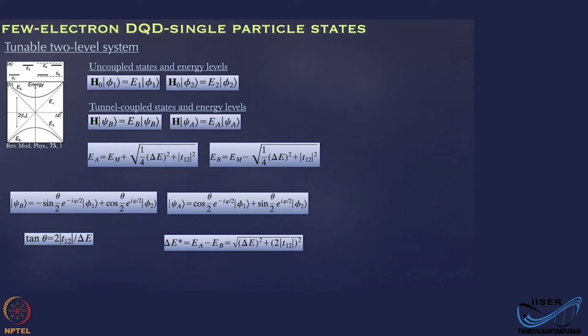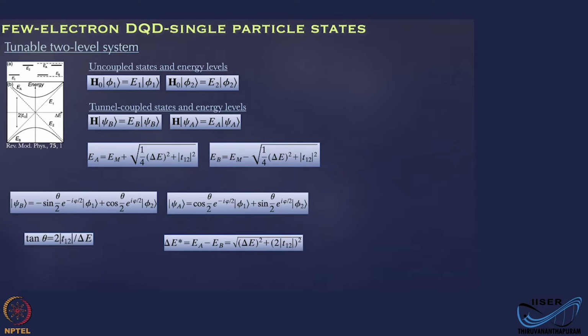So you know that the single quantum dots in the few-electron regime are artificial atoms. So when you take two atoms and bring them close together and couple to each other, then you get a molecule. You have two atoms, you have a diatomic molecule. Okay, so these double quantum dot systems are artificial molecules.